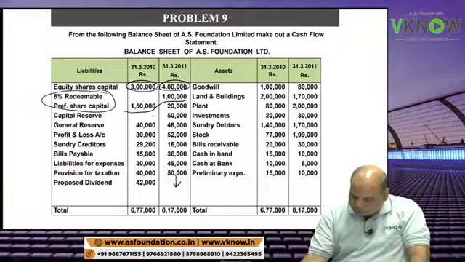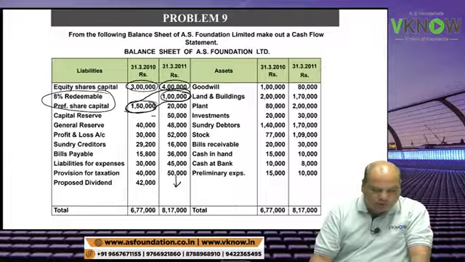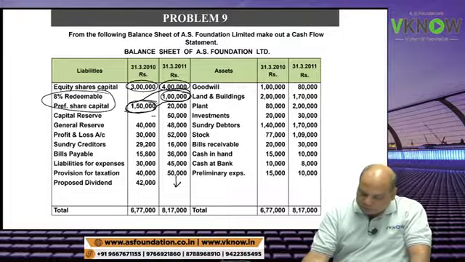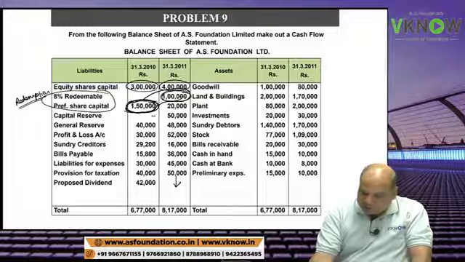Then in your book, 8% redeemable preference share capital. Actually the figures are like this: opening is 1,50,000, closing is 1 lakh. In your book properly typed. So that will give you redemption, because opening is more, closing is less. So in case of preference share, seems like redemption.